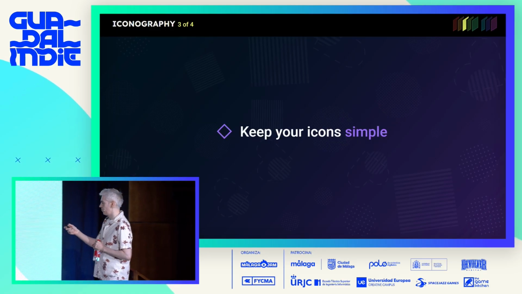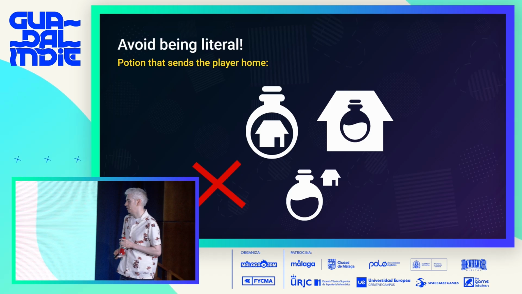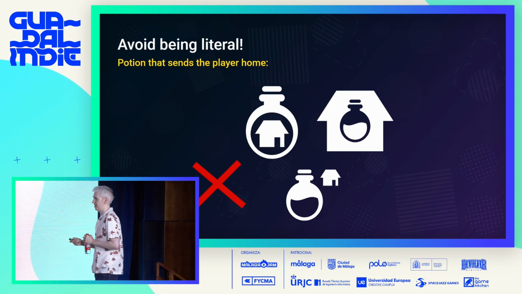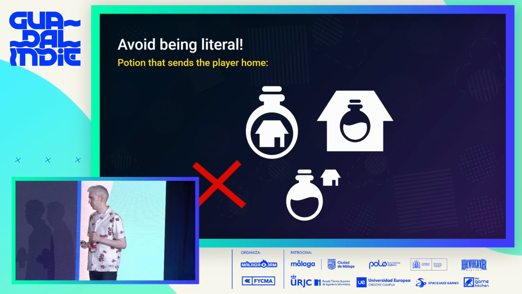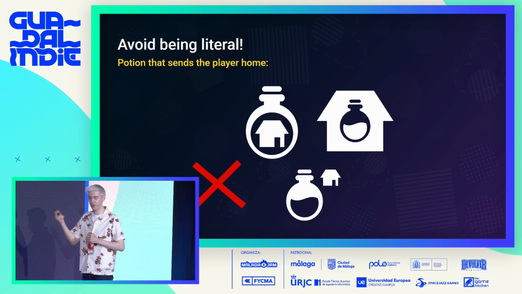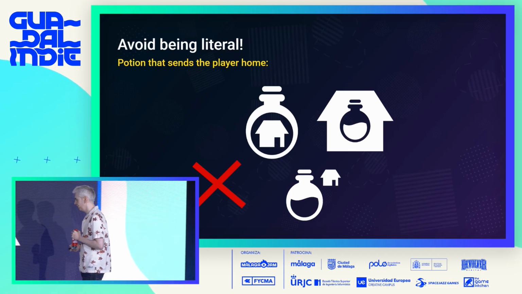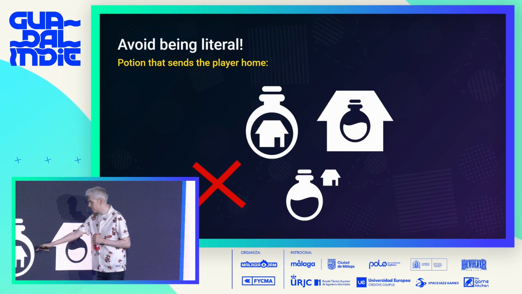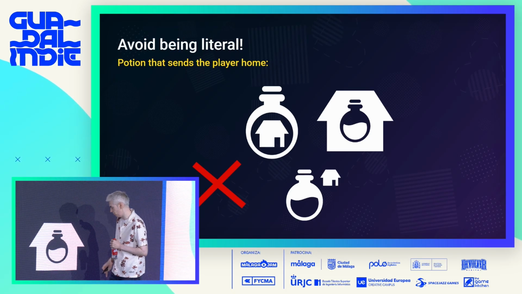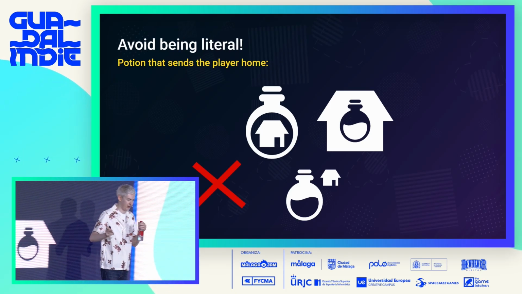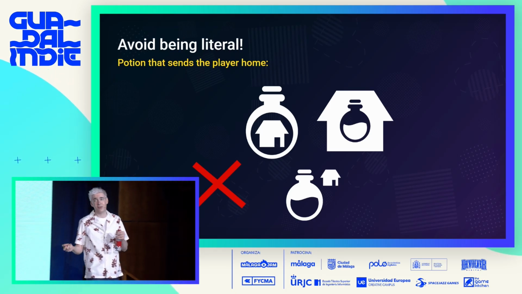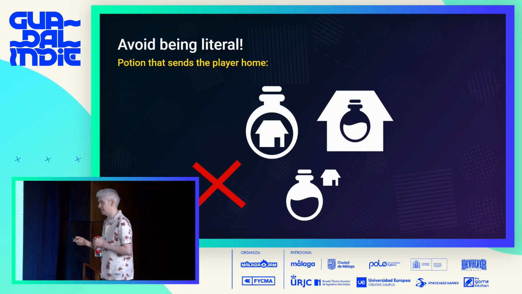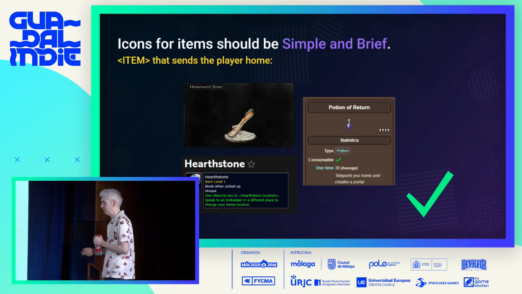Number 3, keep your icons simple. Another thing that a lot of people do is they make things really literal. Say you're asked to make a potion that sends the player home, for example. They might put a home inside a potion or a potion inside a home, or a little home next to a potion or something like that. But again, it doesn't really matter what it says because you've got the UI that tells you what it does.